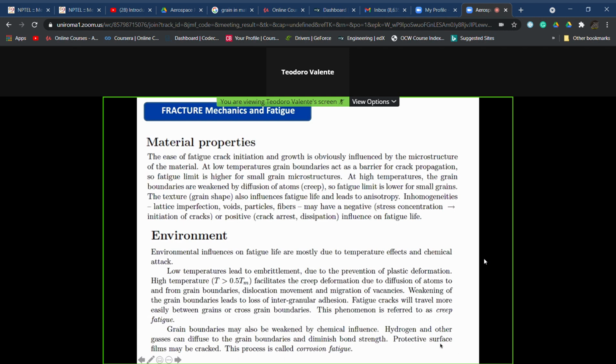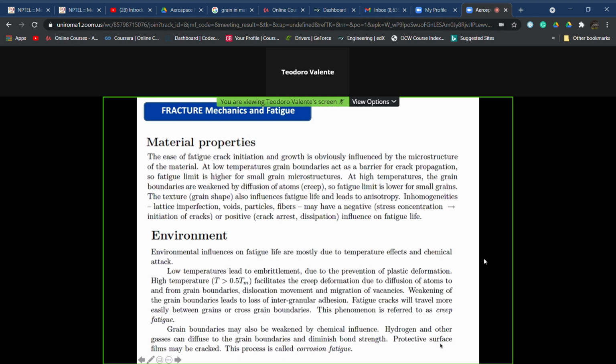So if we have very low temperatures, we know that the ductile behavior of the materials is a little bit reduced. And this is always said as the material is going to move to a more brittle behavior, due to the prevention of plastic deformation, in the sense that these locations do need a higher energy level to start movement.